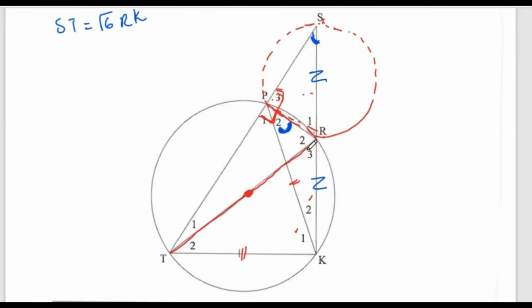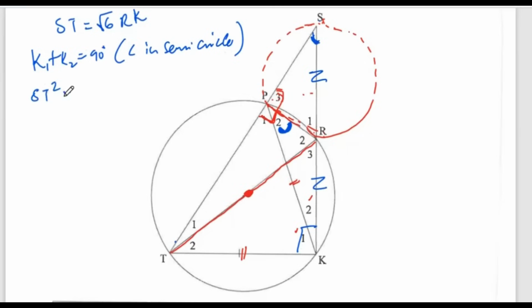So what I'm going to first of all do is, since we're looking at ST, we know that K1 plus K2 is 90 because of the angle in the same circle. That's 90, then these are right-angled triangles, and we can apply the Pythagoras theorem.